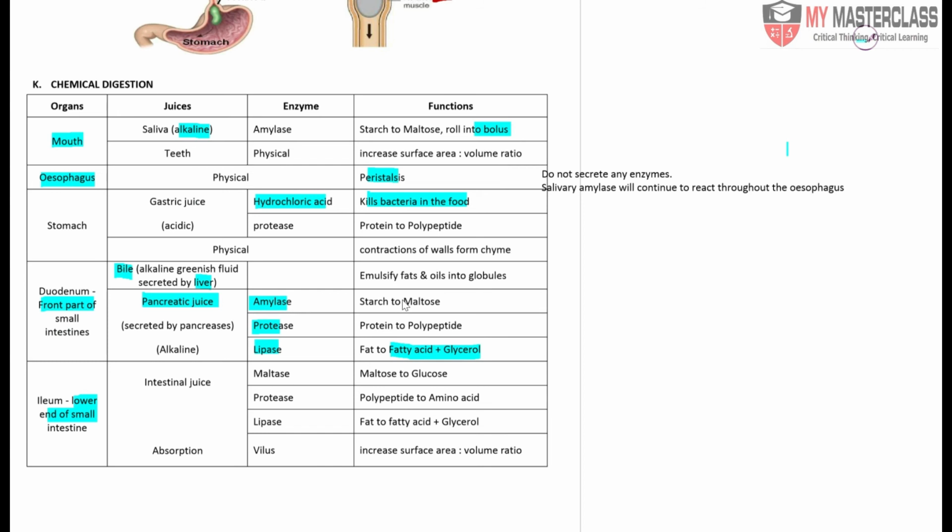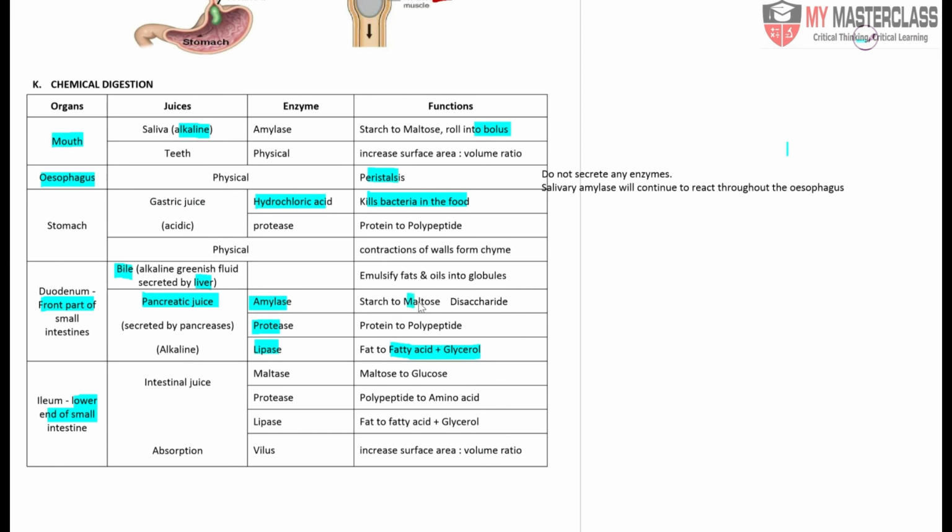Okay, however, maltose has not been broken down into its simplest form yet. Maltose, it is still in the form of a disaccharide. Okay, so which means it has to be broken down into a monosaccharide. Same thing to do with polypeptide. It is still not the simplest form. Okay, so what comes into play are the enzymes in the intestines themselves.